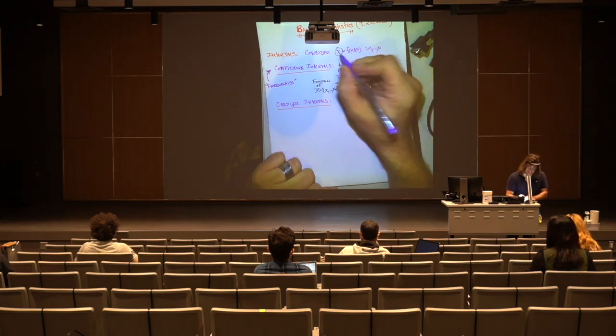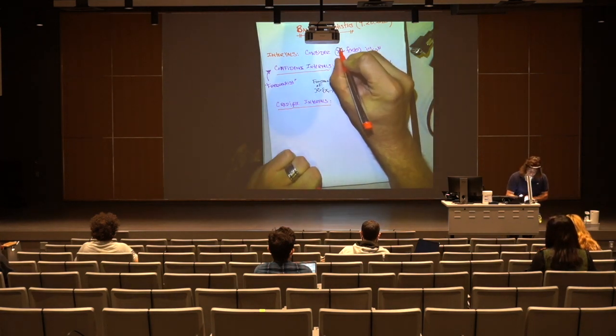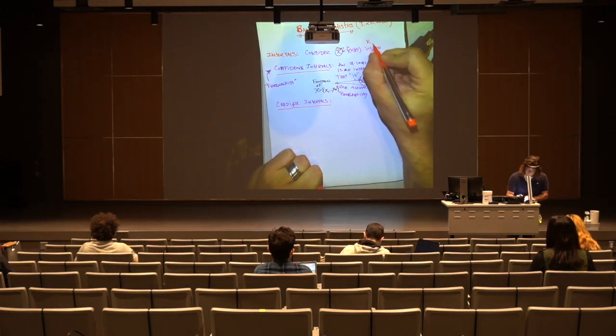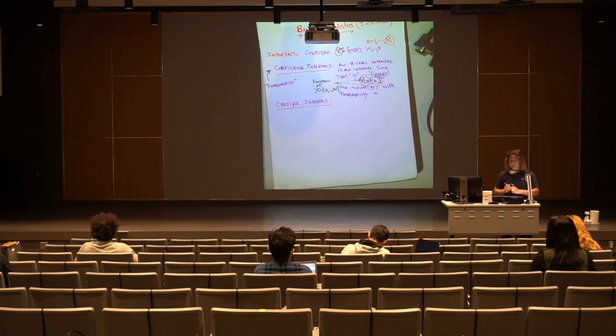If I ended up getting, let's just say I put K on here, and I got K different data sets. I'll let K go from 1 to cap K. So this cap K is the number of data sets I'm going to go out and collect. So this is the idea of a confidence interval.